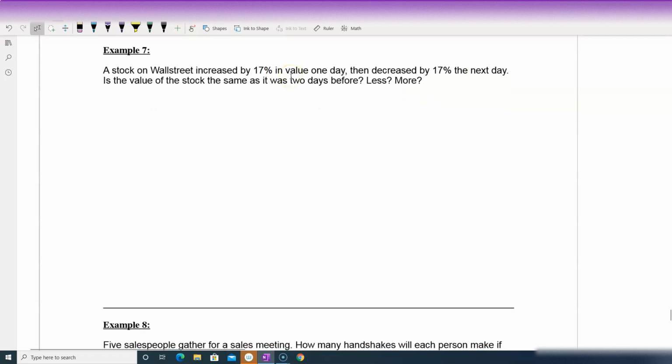Number 7, a stock on Wall Street increased by 17% in value one day, then decreased by 17% the next day. Is the value of the stock the same as it was 2 days before, less, or more? So which one is it? Same, less, more.